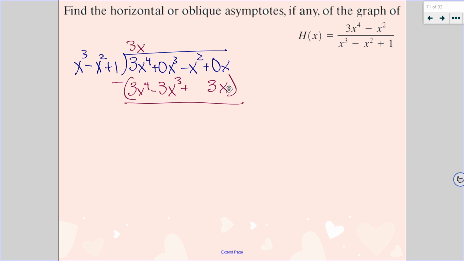Subtracting, these cancel. I get 3x cubed minus x squared minus 3x. Any questions on that move? Okay, x cubed times what is 3x cubed? 3, yeah.